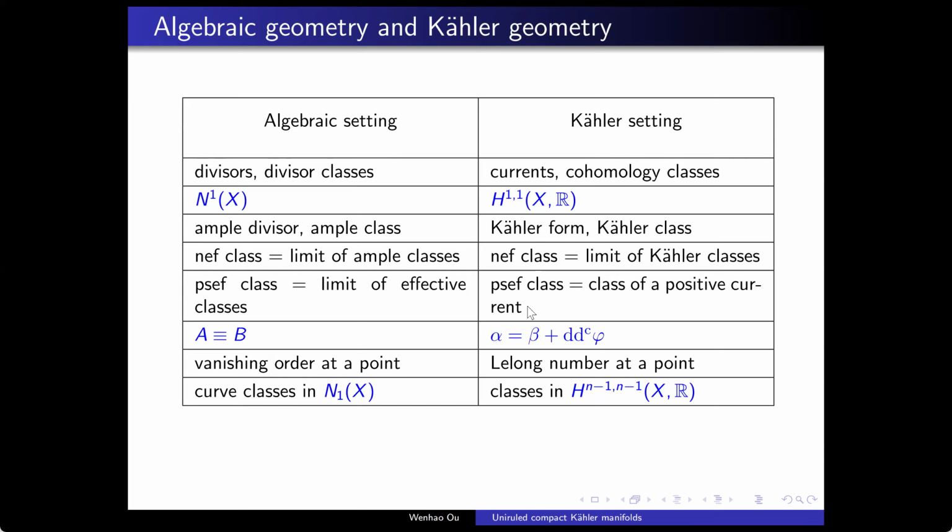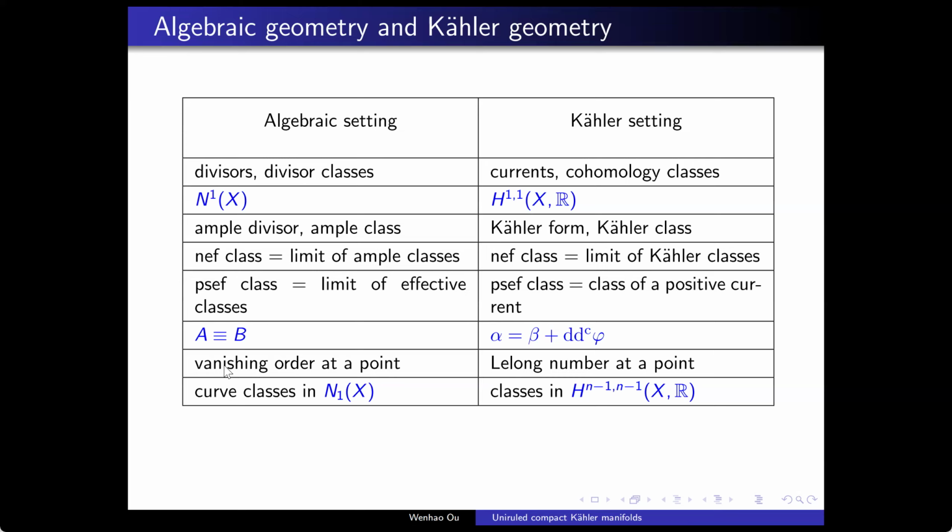A pseudo-effective class in H^{1,1} means the class of some positive (1,1)-current. For numerical equivalence of two divisors, we write that two classes are cohomologous. If alpha and beta are two currents, they are cohomologous if they differ by some dd^c phi, where phi is, say, a locally L^1 function.